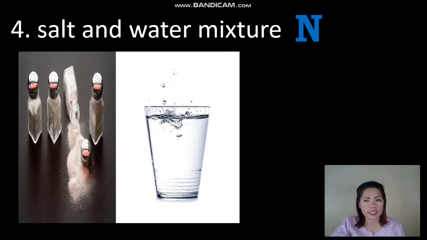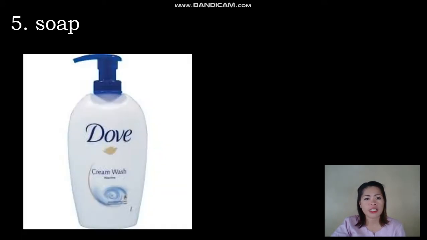Therefore, it is a solution, not a suspension. Number five, we have soap, just like Dove, which looks like a cream wash. What is your answer? Still not a suspension, because this soap is a colloid.